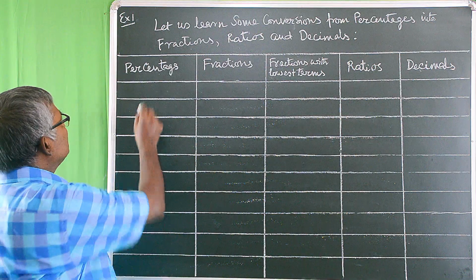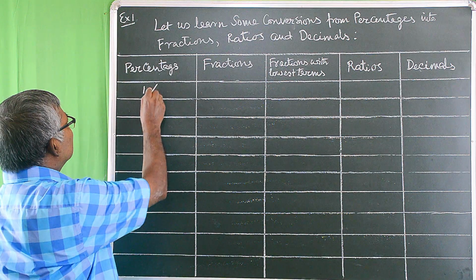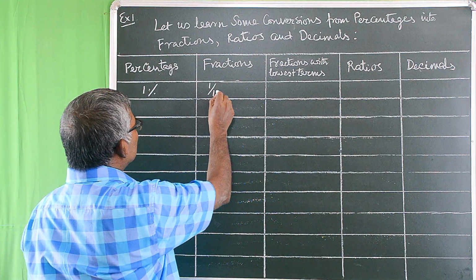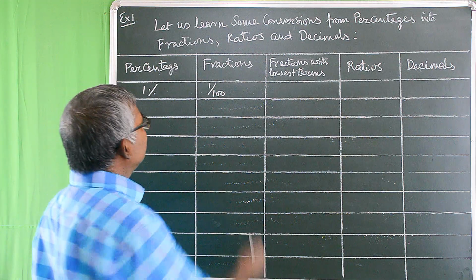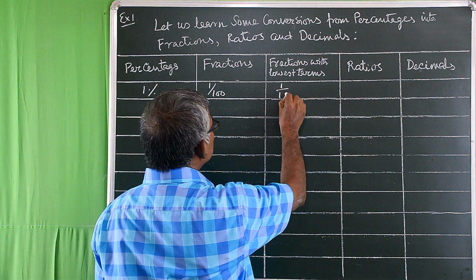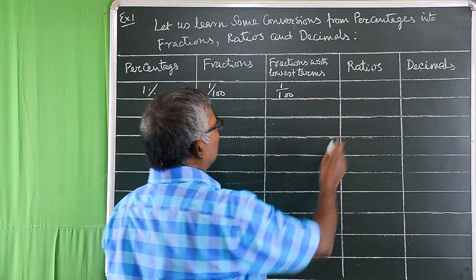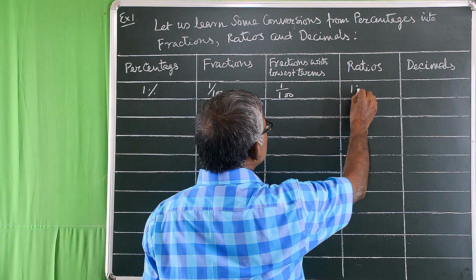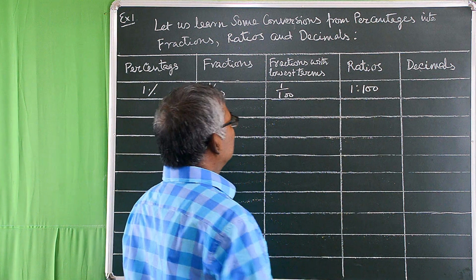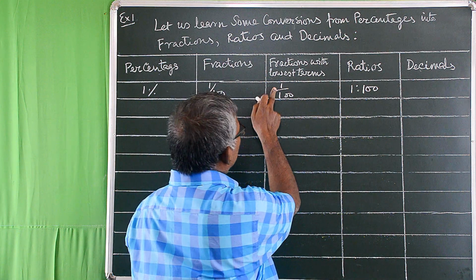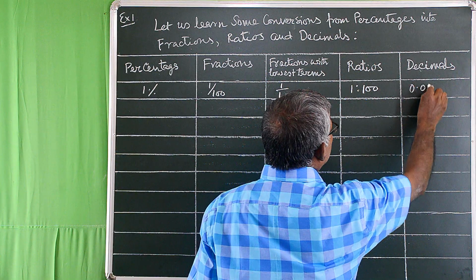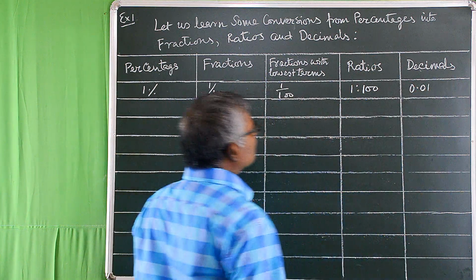Students, let us consider 1%. We can write 1 by 100 and it is the simplest form, 1 by 100. So what is the ratio? It is 1:100, and we can express 1 by 100 as 0.01 in decimals.